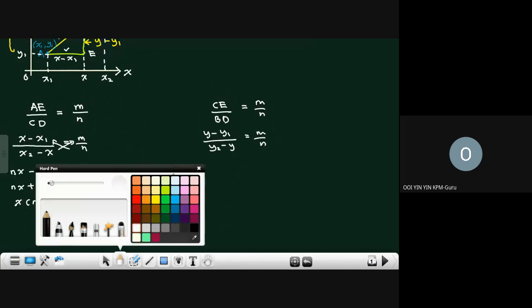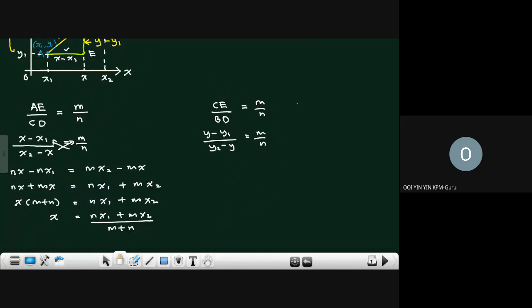So now same like just now, we just need to do the cross multiplying. Then you get your ny minus ny1 equals to your my2 minus my. And then the y and y terms, same, we move together: ny plus my equals to ny1, become positive ny1 here, and then plus with your my2.